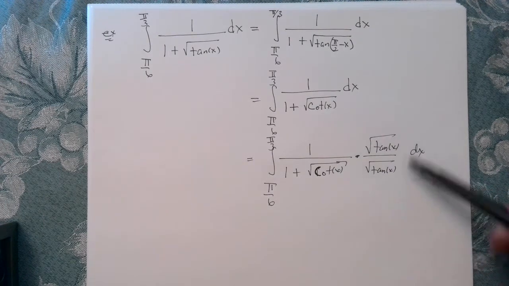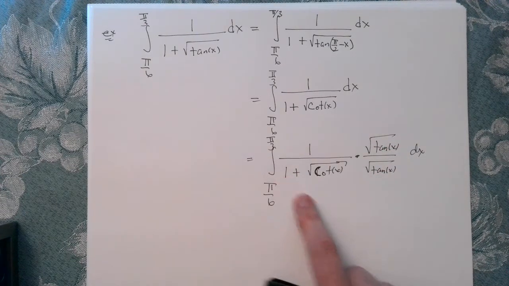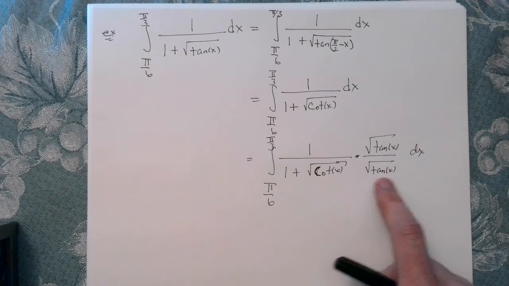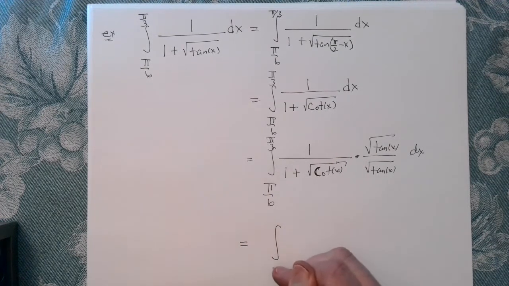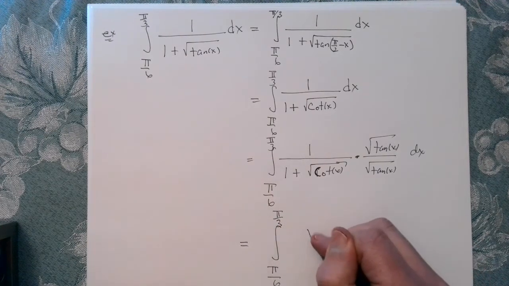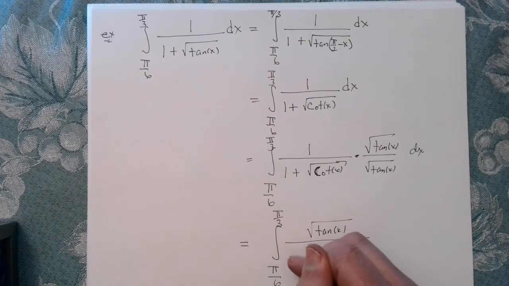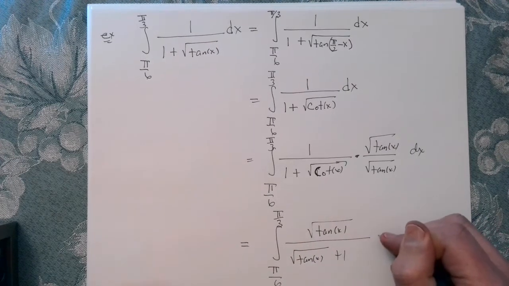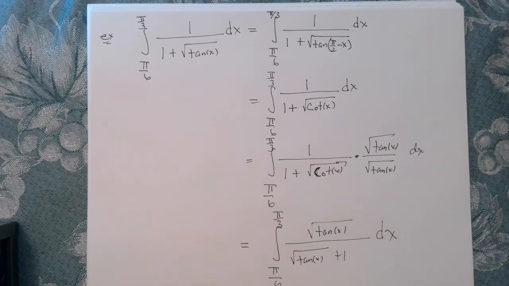I effectively just multiplied by 1. Notice that this product will be the square root of tangent. This product will be the square root of tangent. And if you multiply carefully, these are reciprocals. This will be the square root of 1, which is 1. So I get the following. You might look at this and say, well, why on earth do we want to do this? We're going to make a clever observation in a moment.